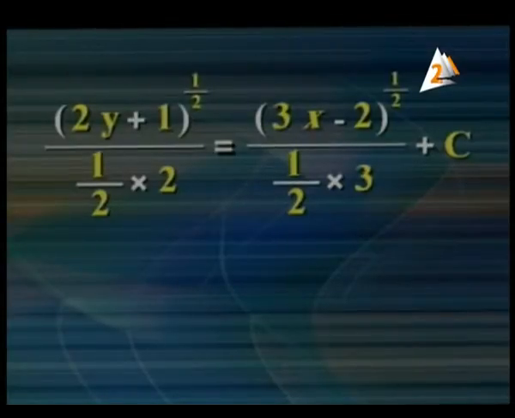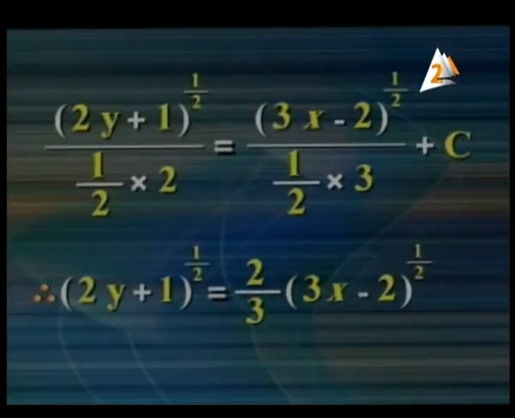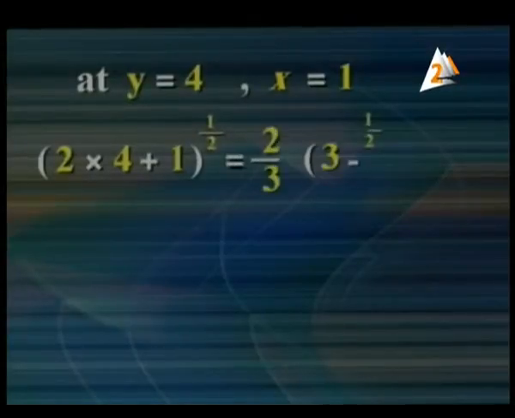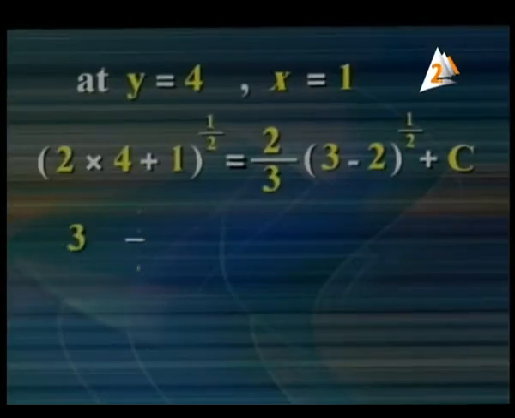By substitution, therefore (2y plus 1) power half equals 2/3 times (3x minus 2) power half plus c. After that, at y equals 4 and x equals 1, by substitution we find the value of c. C equals what?